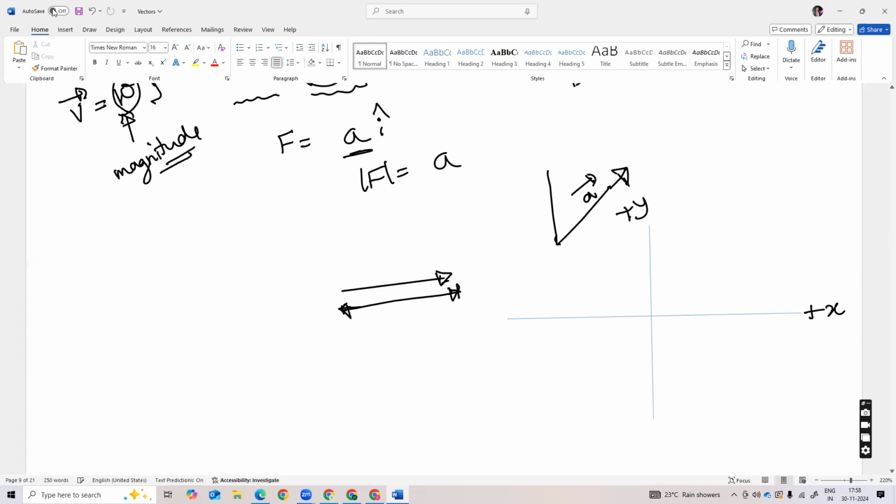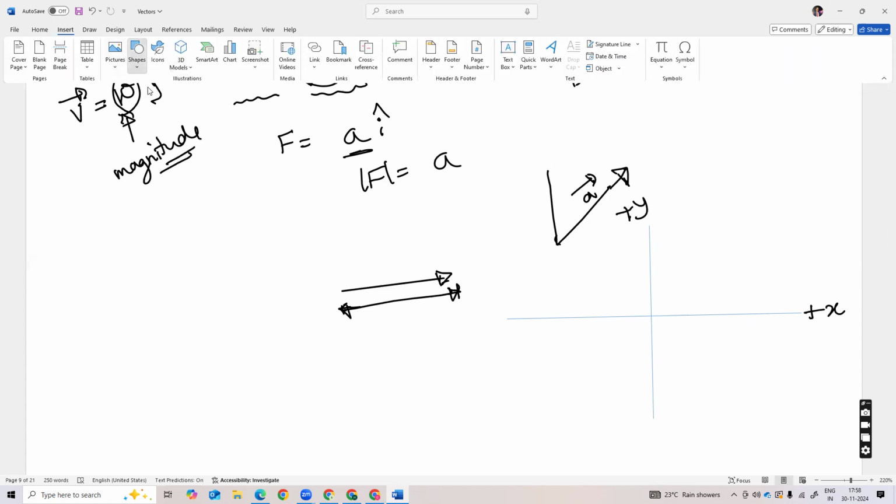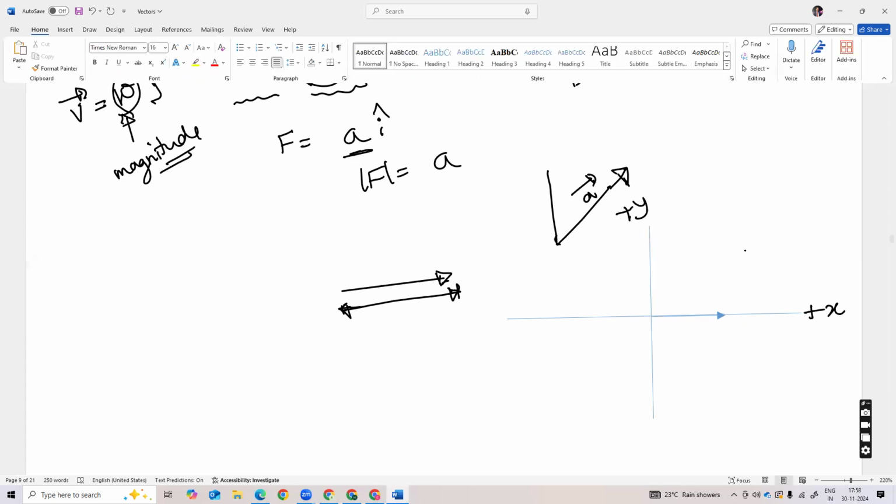If you have a vector with length 10, since it is pointing in plus x direction, we write it with unit vector i. So let's say it was a force, F equal to 10 i.